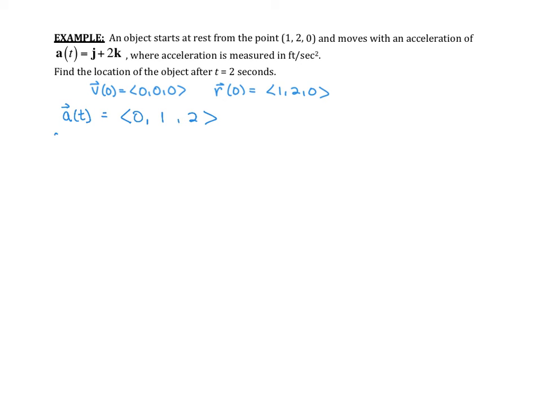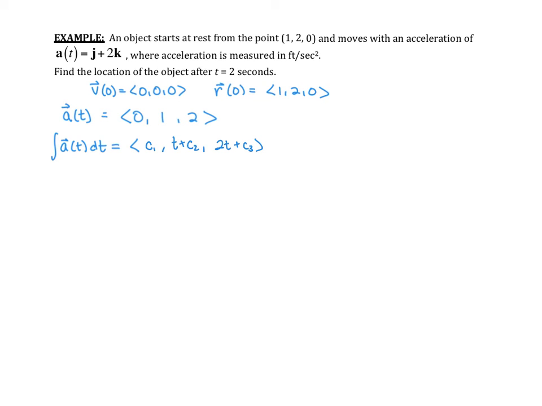So first, I'm going to take the antiderivative of the acceleration to get the velocity, and this gives us C1, where C1 is the constant, comma, t plus C2, and then the integral of 2 would be 2t plus C3.